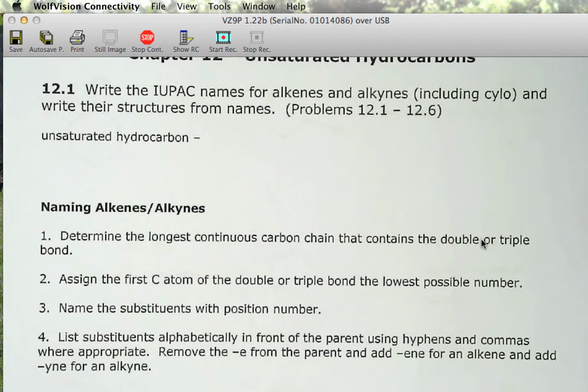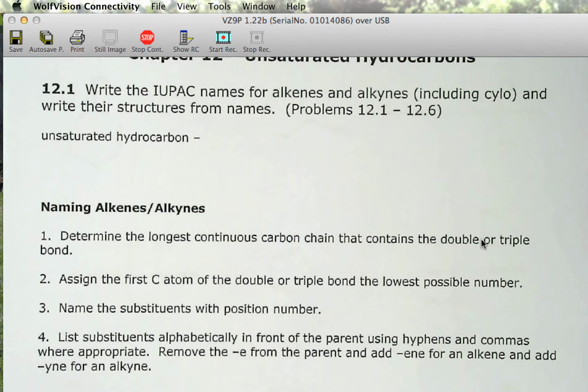So I think at this point you are getting used to this way of thinking about things and going, oh, the longest continuous chain of carbons. So now, in this portion of Unit 3, we won't have the A-N-E ending.